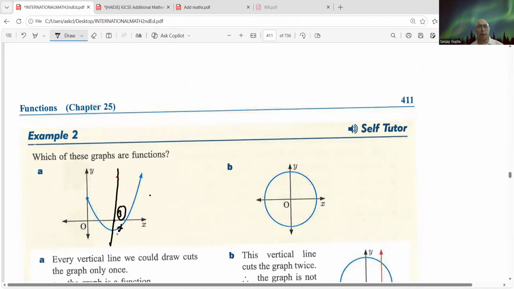So if I want to check whether for the same x there are two different y values on the graph, then I'll draw vertical lines through each part of the graph and see whether these lines cut the graph at more than one place. If a line cuts the graph at more than one place, that means for the same x value, which is fixed for the given vertical line, there are two different y values, which means it's not a function.